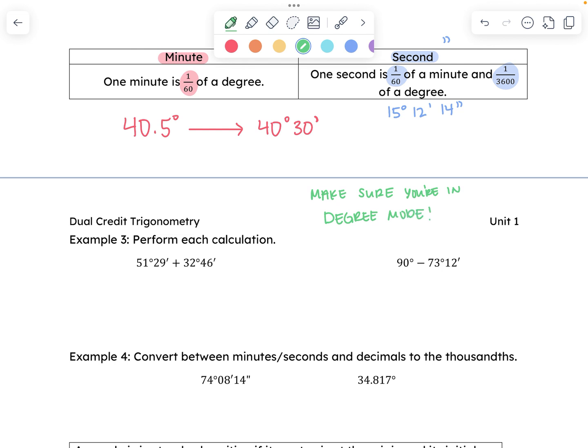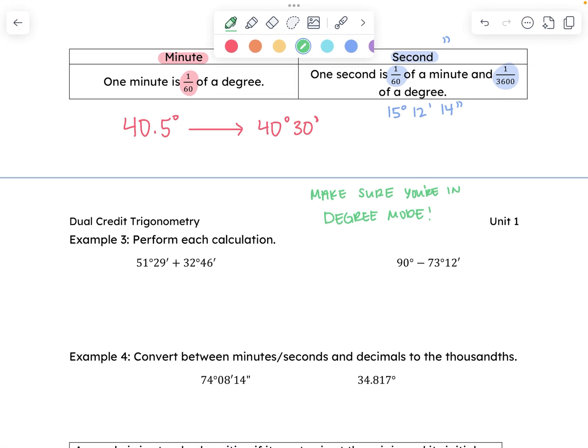We will also be using radians, and we might be using both of them in one unit on one test. So you need to make sure that you are always checking what your units are, what mode you need to be in, and don't forget that before you take a test, every single time I clear your calculator. So you need to always check what mode you're in.